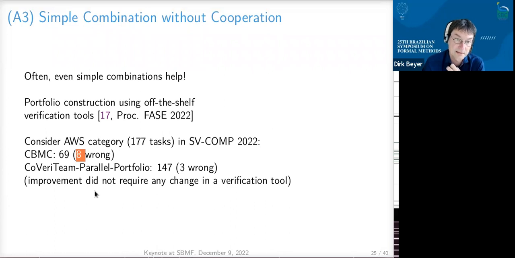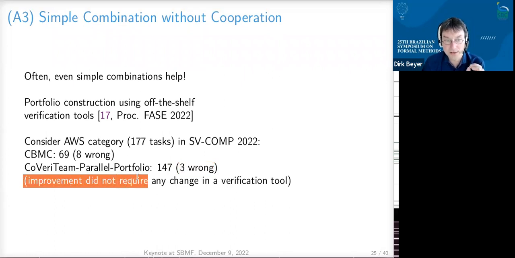And if we take a parallel portfolio, which is constructed from off-the-shelf verifiers that are open source, available for everybody to use, then we can solve more than double the number of verification tasks and even have fewer wrong results. And important is to say that this improvement, we achieved it without changing any verification tool. We took the verification tools as they are available, right, out of the box.